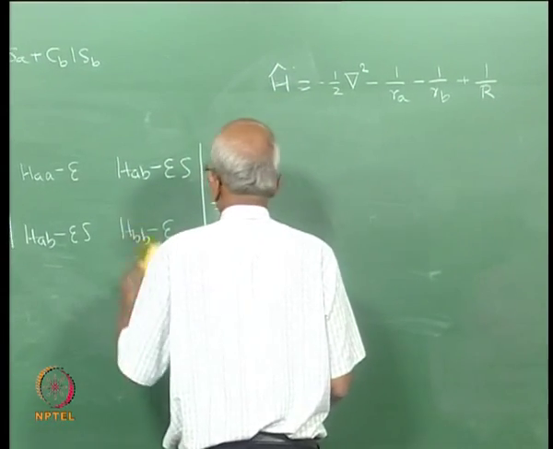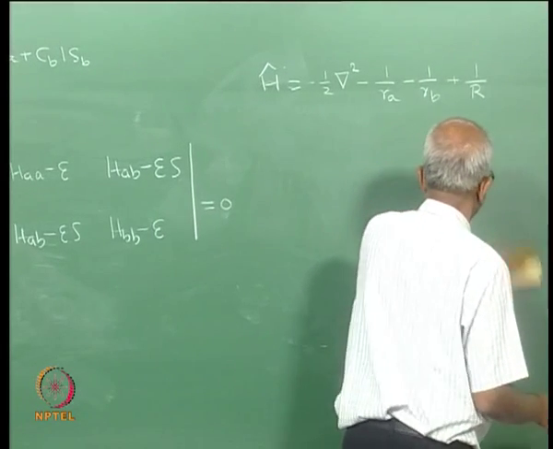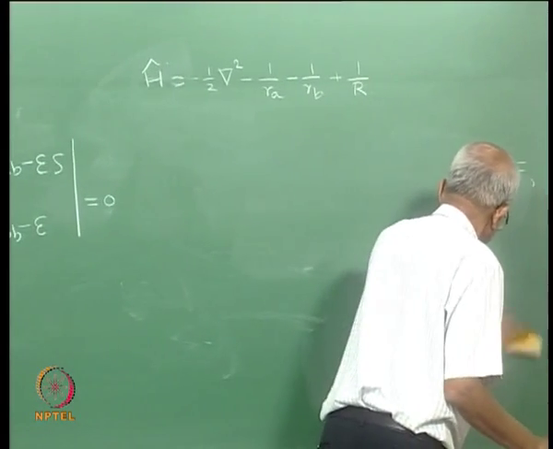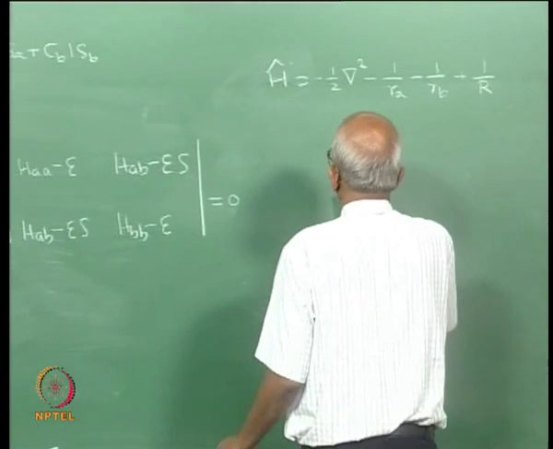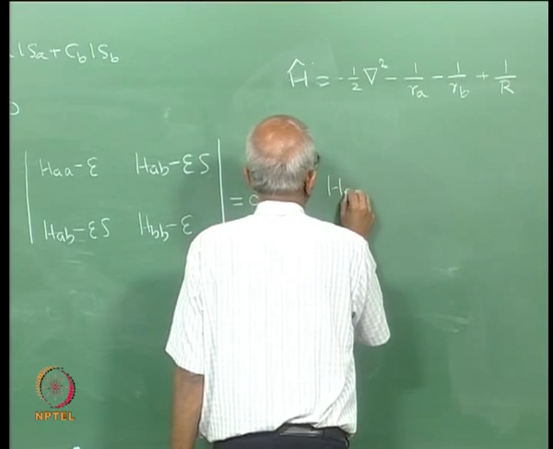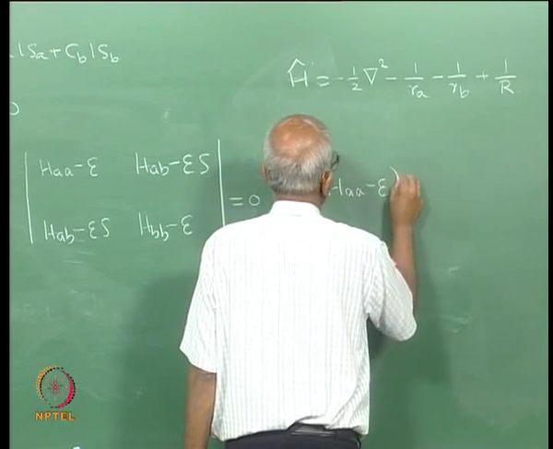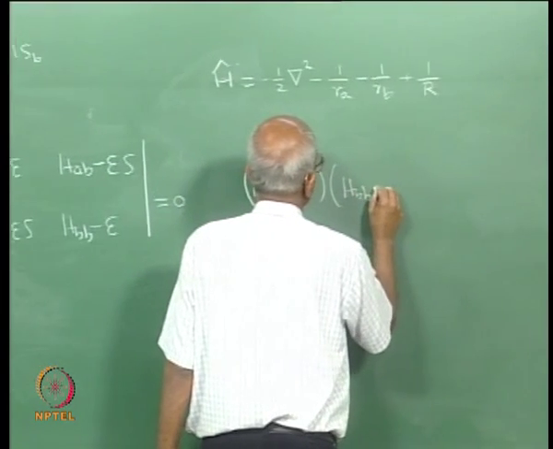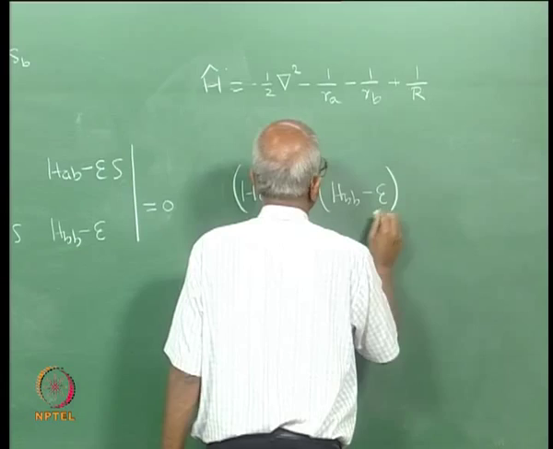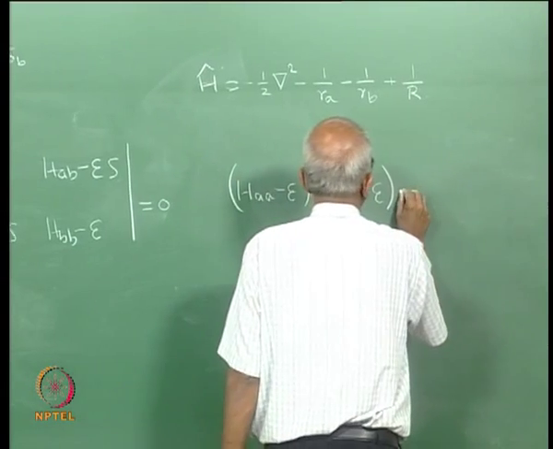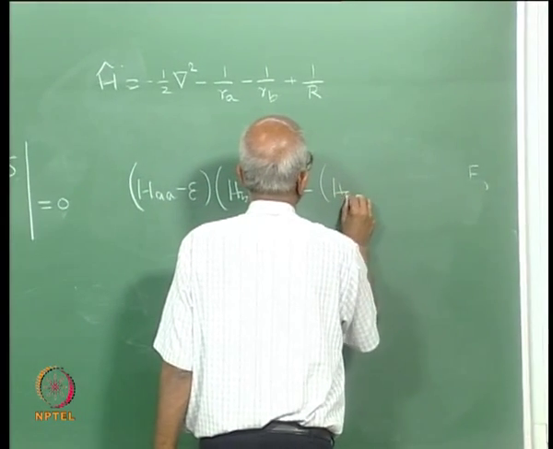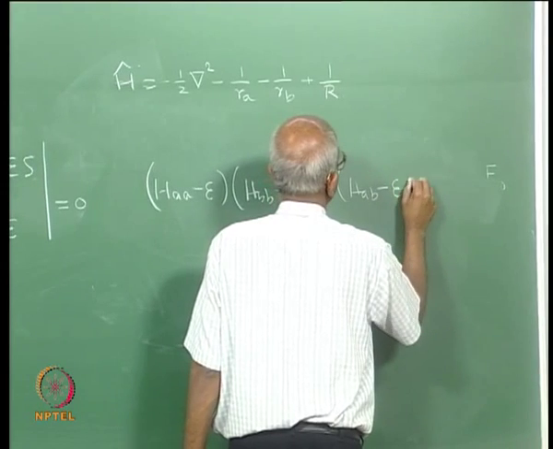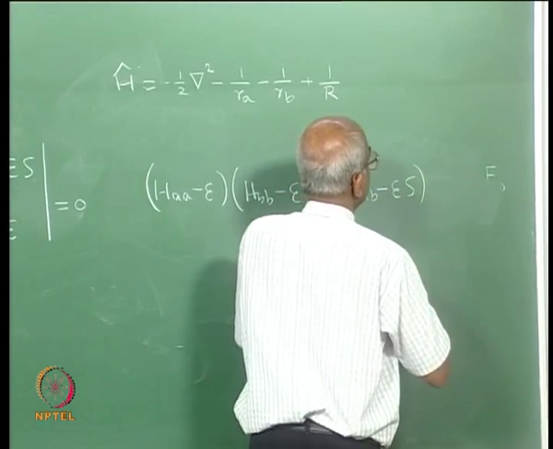So, this determinant I can expand. What I will get is (HAA minus script E) into (HBB minus script E) minus (HAB minus script E into S) into (HAB minus script E into S), right.